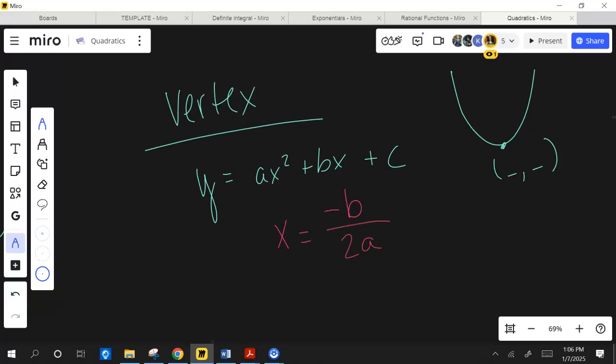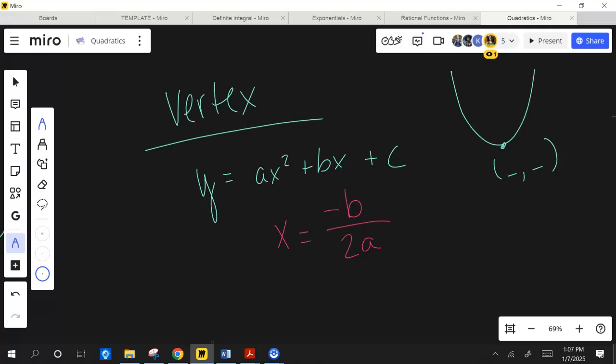But what if it starts out negative? Then it becomes positive. So I always say opposite because it clears up a little bit of confusion. Whatever helps you remember it. Opposite b over 2a.